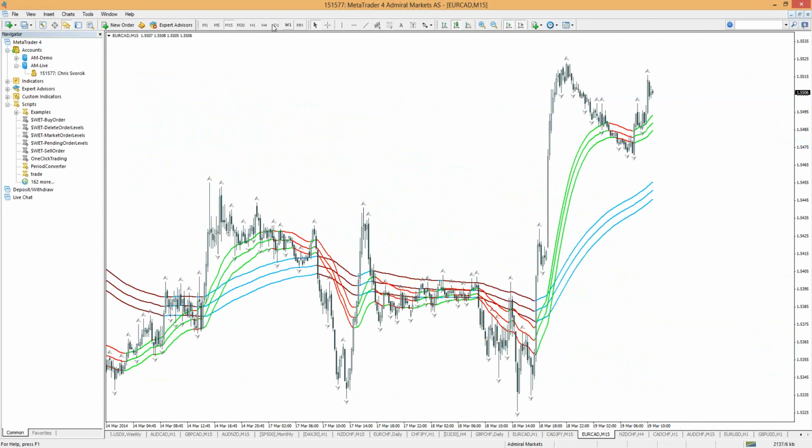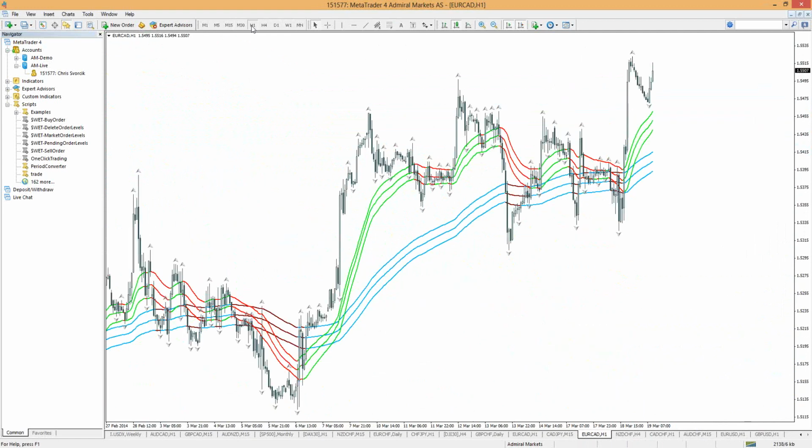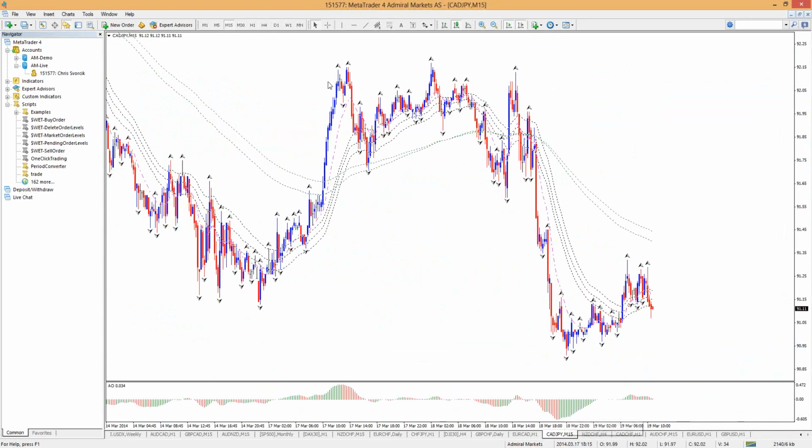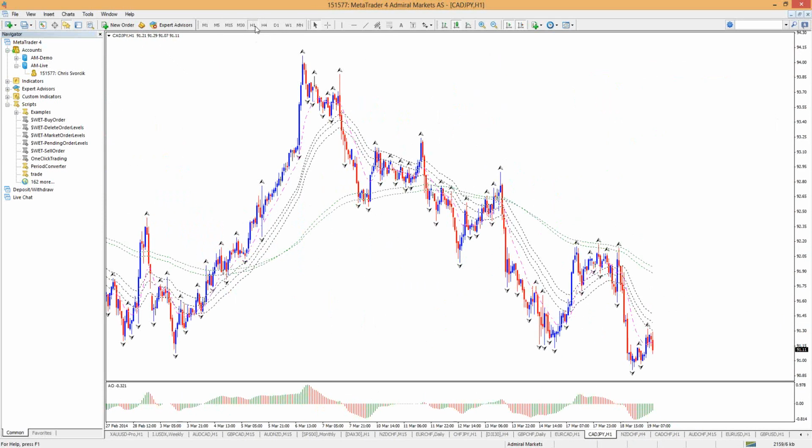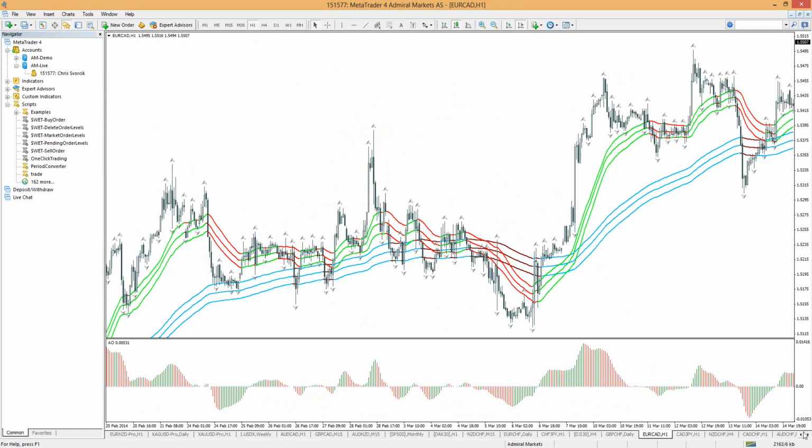Your CAD, getting a good bounce. Trying to see if there's anything that strikes me other than that.